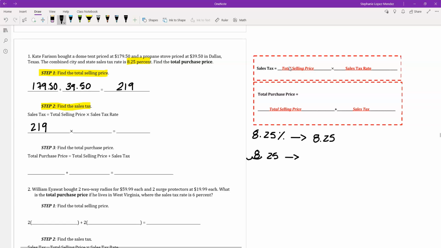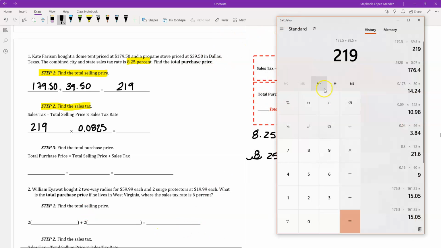Now, in this case, remember 8.25 is still a number less than 10, so we will need 2 zeros before. 0.0825. Okay? So then I go ahead and write this amount right here, and I'll be multiplying by 219. That's 219 times 0.0825.